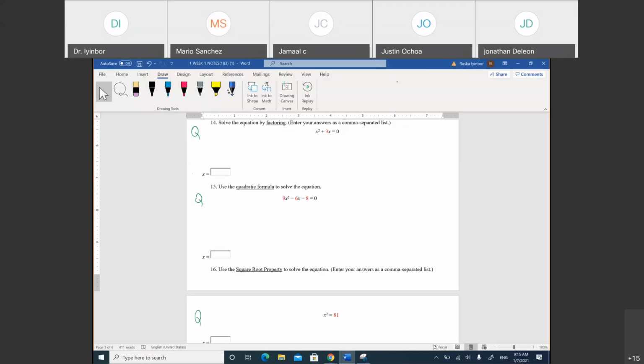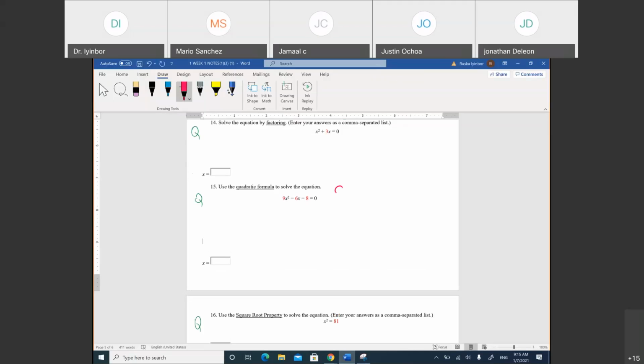Make sense? So now, I'm going to start with number 14 and I'm going to show you how to do the factoring method. This equation is good to solve with factoring. So in general, the quadratic equation has this form: ax squared plus bx plus c equals 0.